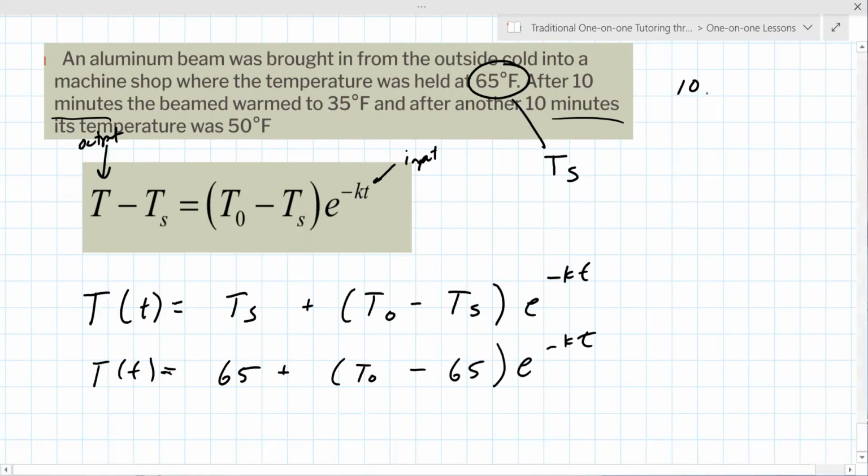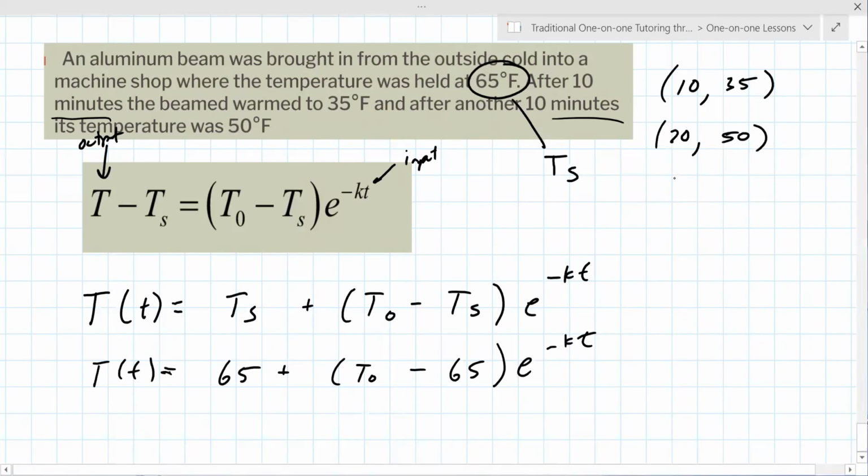So 10 minutes, and then another 10 minutes, 20. Sorry, this is the wrong temperature. It's 35, not 50. So it's getting warmer. It was 35 degrees, now it's 50 degrees.